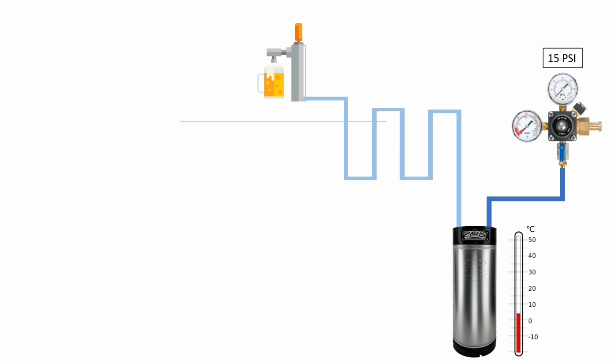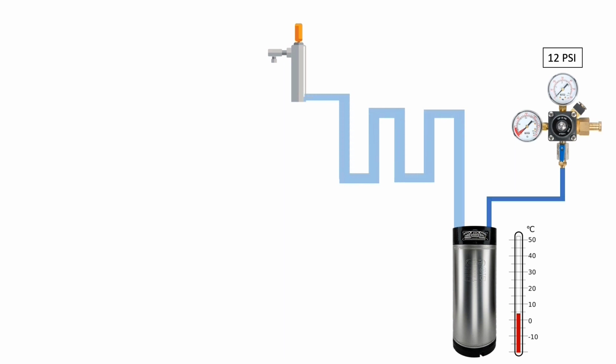Of course, over time, this higher pressure is going to have the undesired result of increasing the carbonation of our beer. Alternatively, we could leave our pressure back at the 12 pounds it was before, and we could increase the diameter of our beer line in order to reduce the resistance in the system. Now with a larger diameter beer line, if we pour a beer, it also pours perfectly.